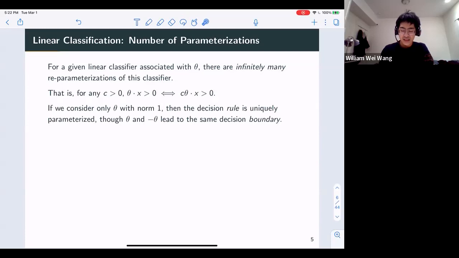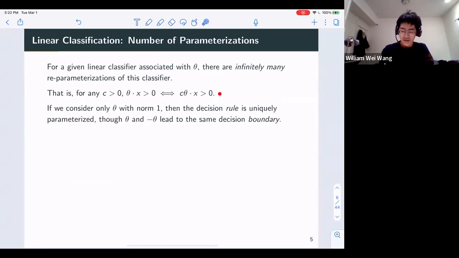So what this means is that there are infinitely many thetas that give rise to the same decision boundary. So for example, if this is the line given by theta, then 1,000 theta gives you the same line.